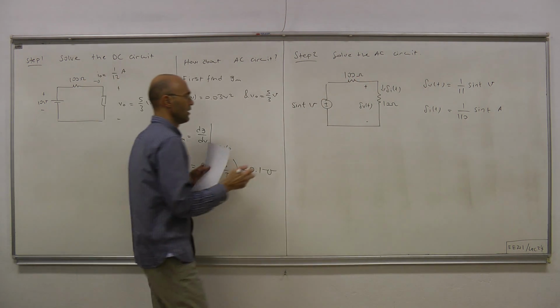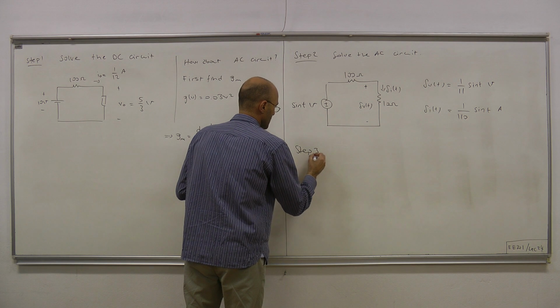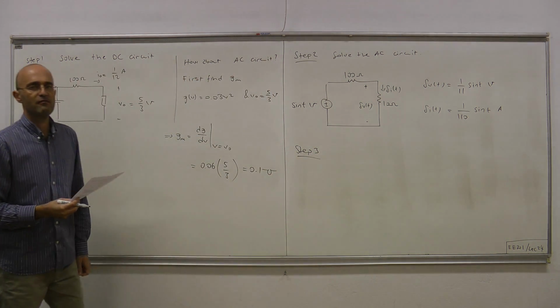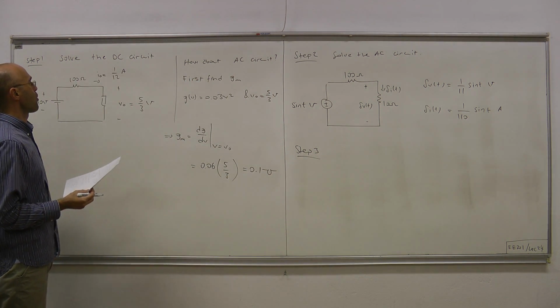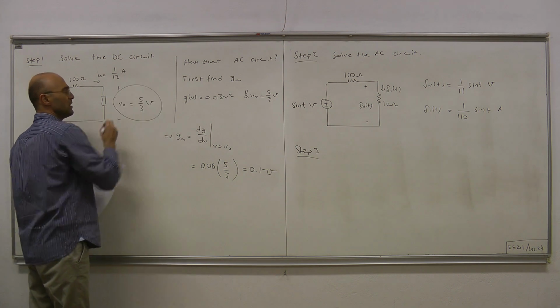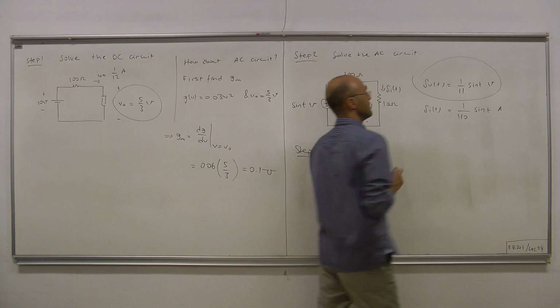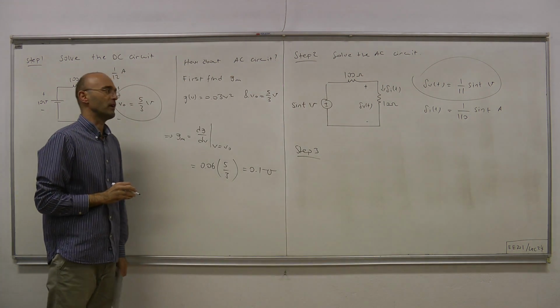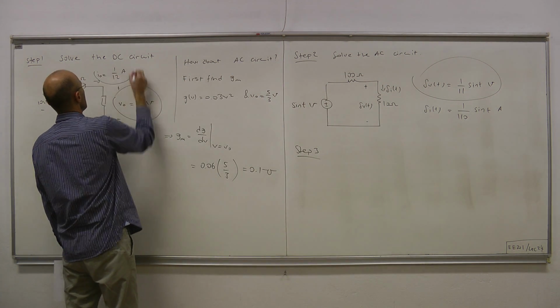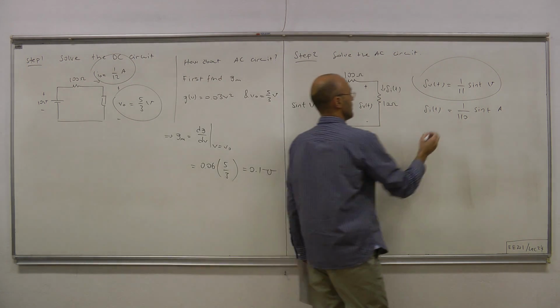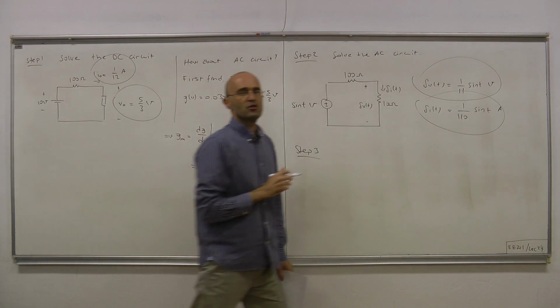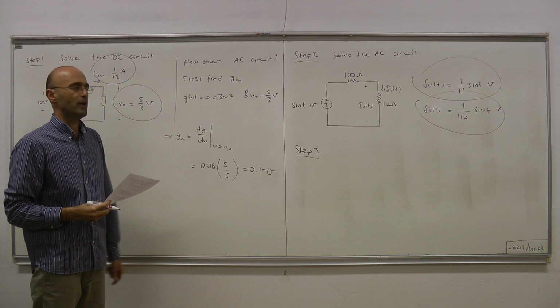Okay, and the final step, step 3, is just combining the DC voltage with the variation around the DC operating point, and the DC current with the variation of the current around the DC operating point.